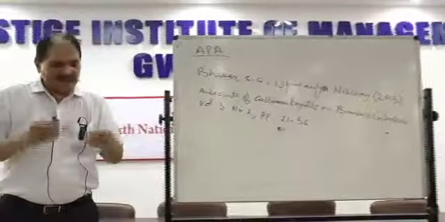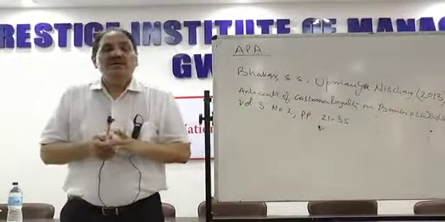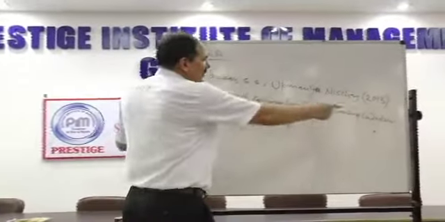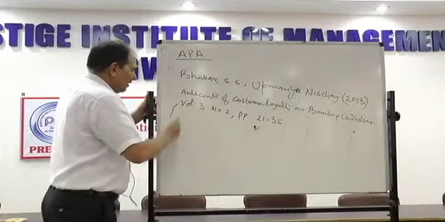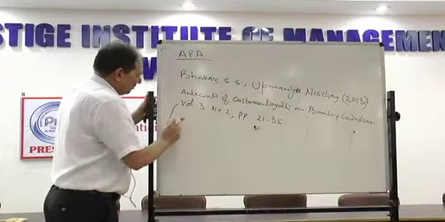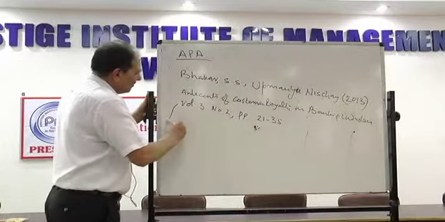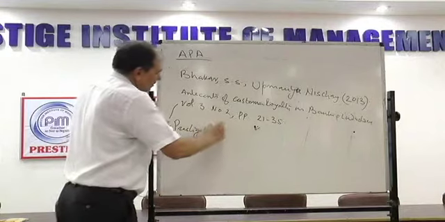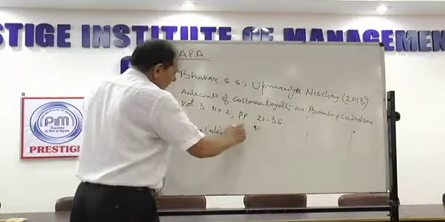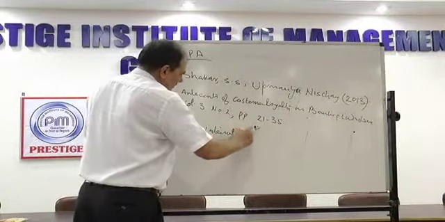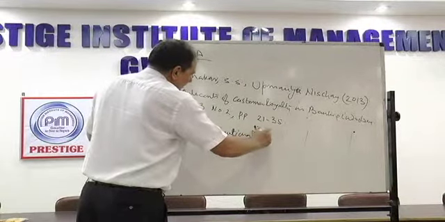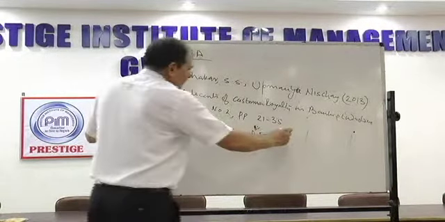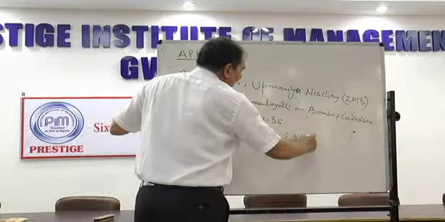Okay, now I will explain this. So, the name of the journal. Oh, I'm sorry, the name of the journal has to be there before this. Say Prestige International Journal of IT and Management.